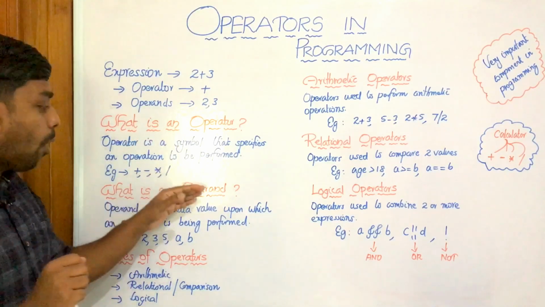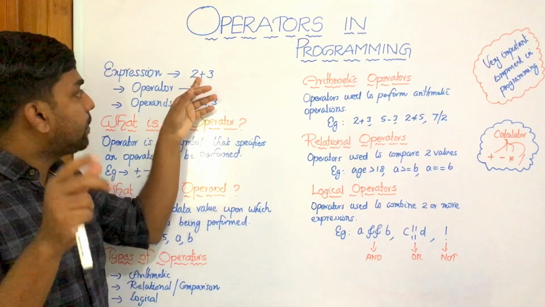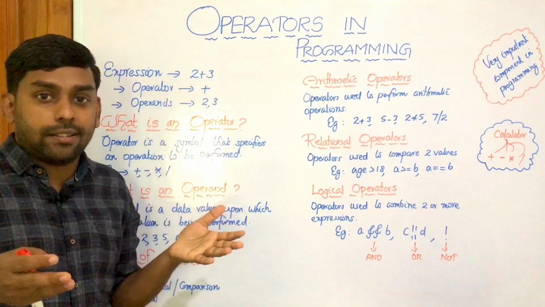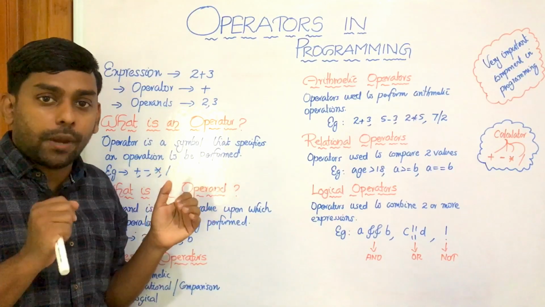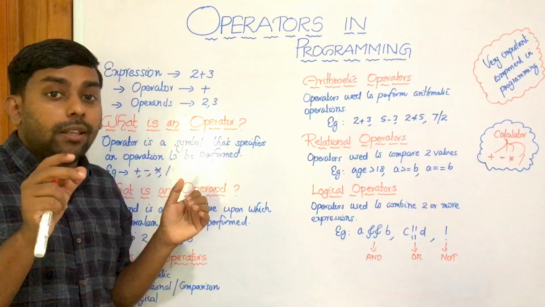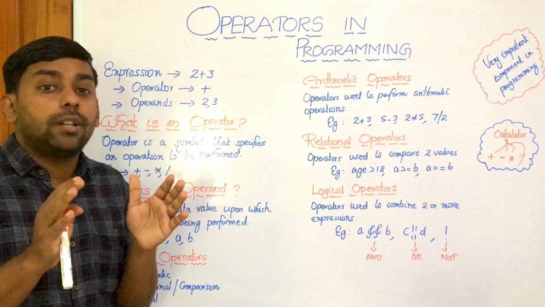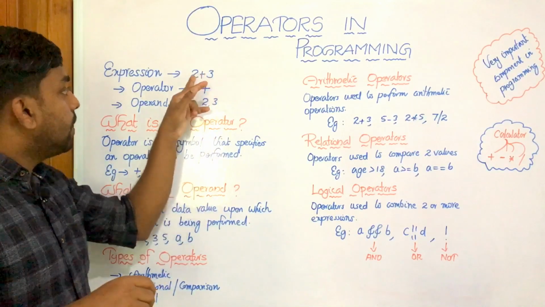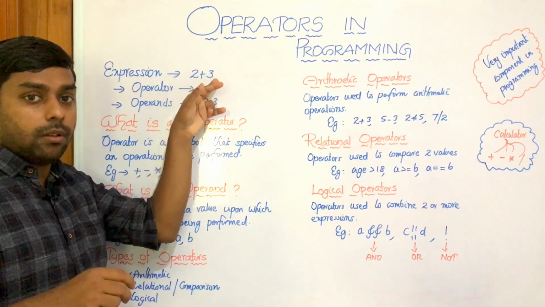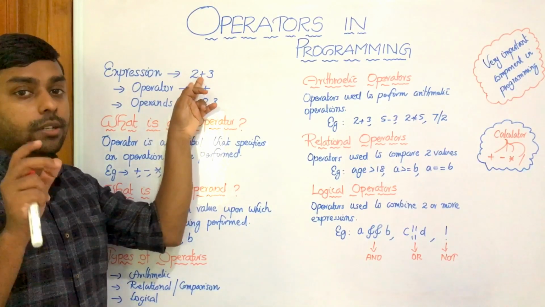Now let's look at an operand. In our example, 2 and 3 are the operands, and plus is the operator. And what are operands? Operands are the data values upon which the operation is being performed, right? Here the operation is plus.